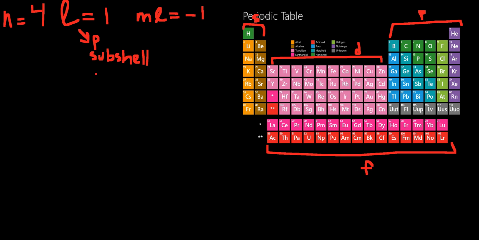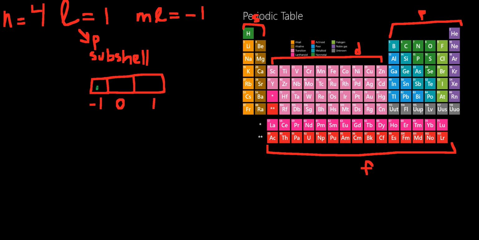So let's say we're trying to find where the valence electron is going to be. We know the P subshell can take 6 electrons, so it's going to have 3 boxes. This would be the -1 box, this would be the 0 box, and this would be the 1 box. So ML is -1, so our electron of interest is going to be in this box here.